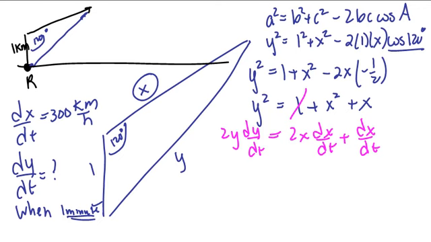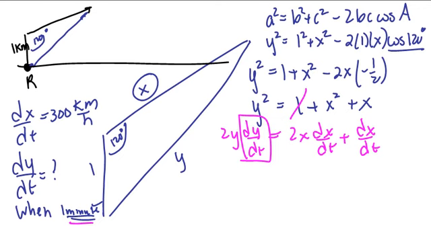Yeah, sorry, I'm asked for dy by dt. I just had to do a double take there. So I'm asked for dy by dt, which I'm going to isolate by dividing everything by 2y. But before I do that, I need to also figure out what x and y are.